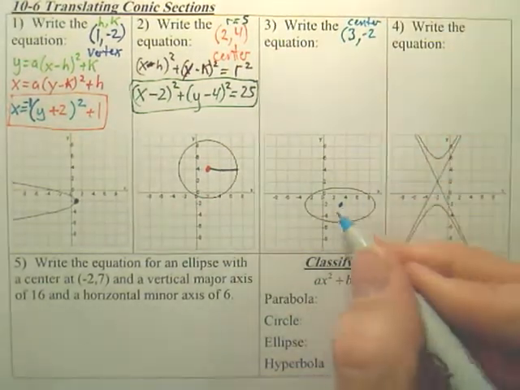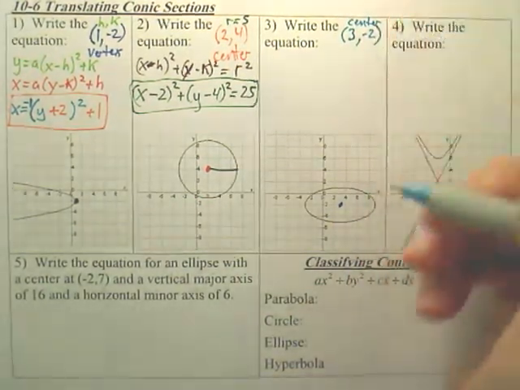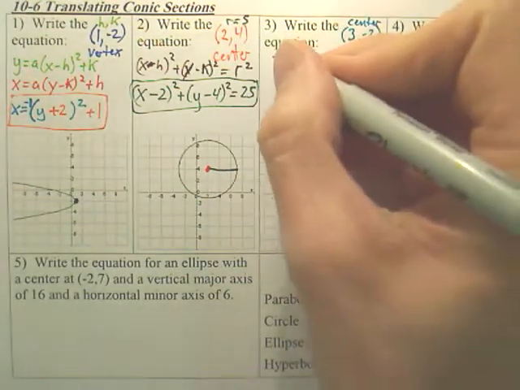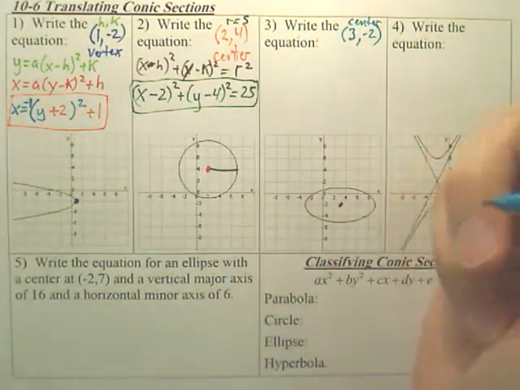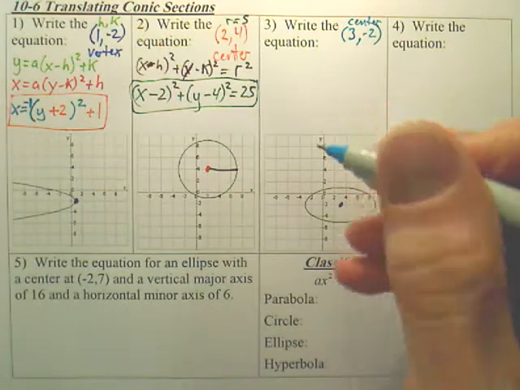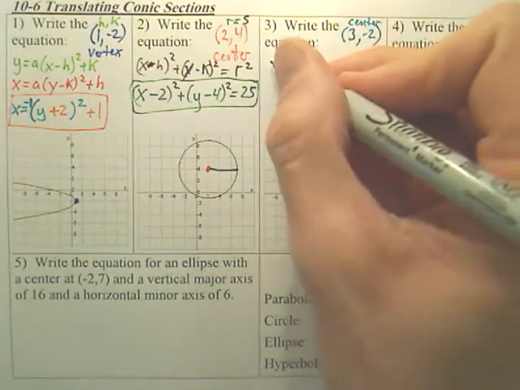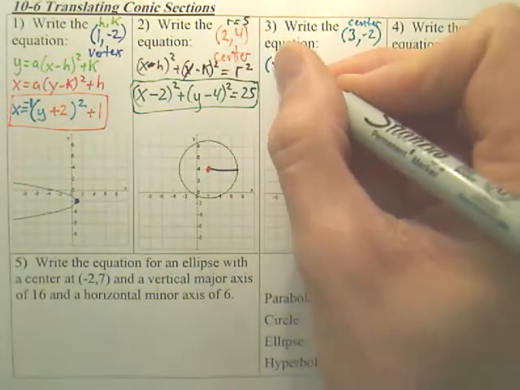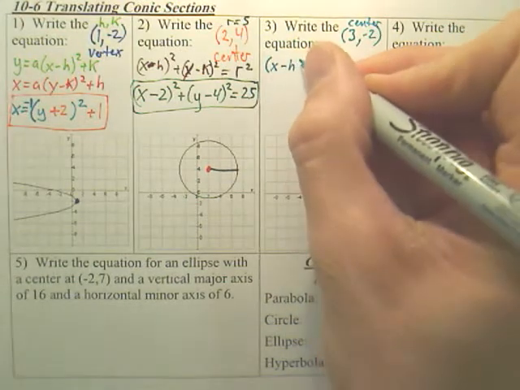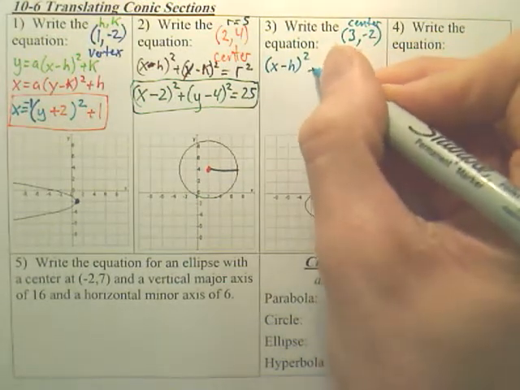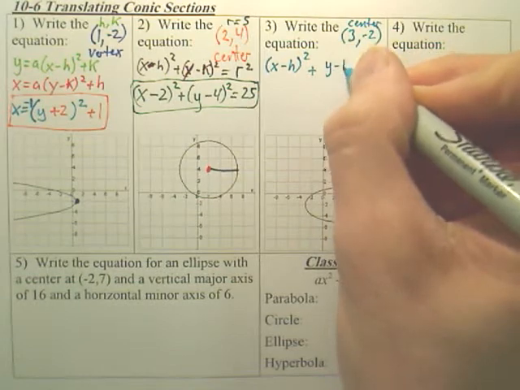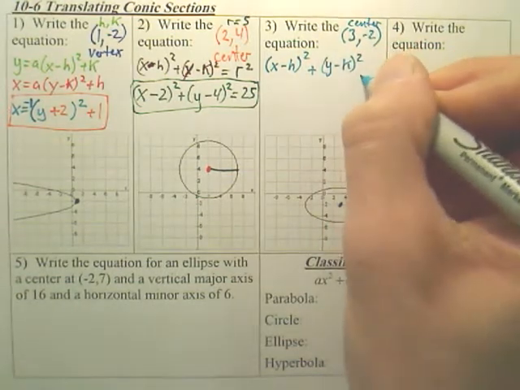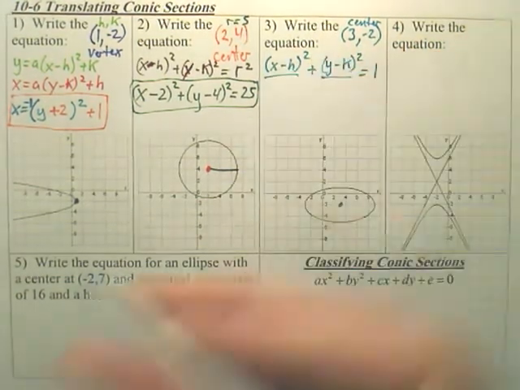And then you have to find the major and minor axes. The formula for this type of problem is (x - h)^2 over a^2 plus (y - k)^2 over b^2, and this is always equal to 1.